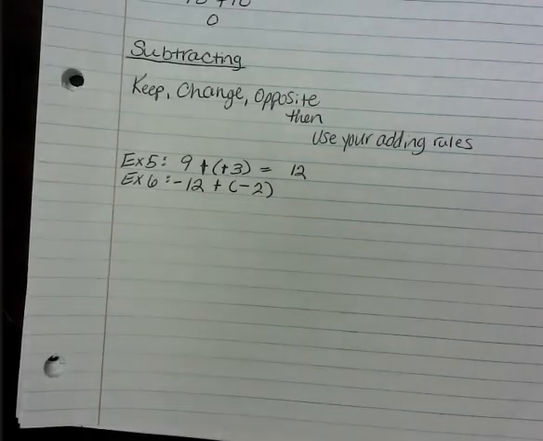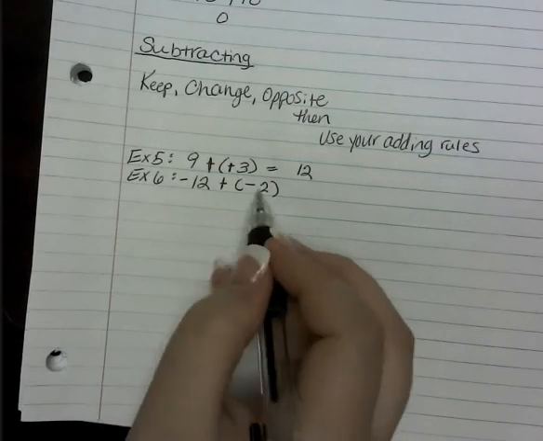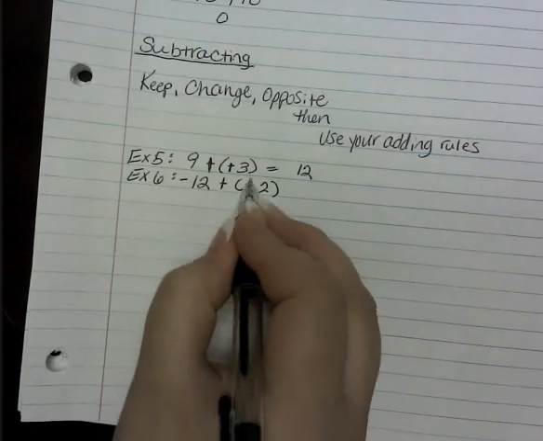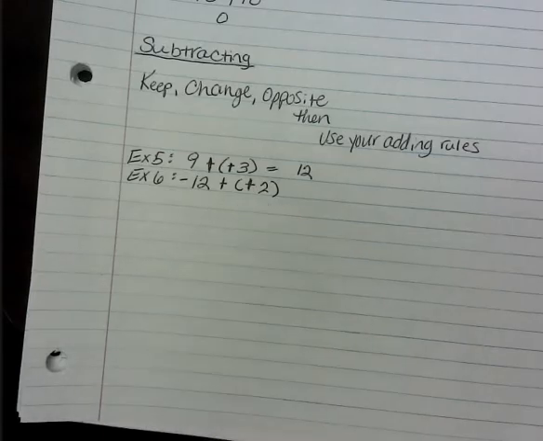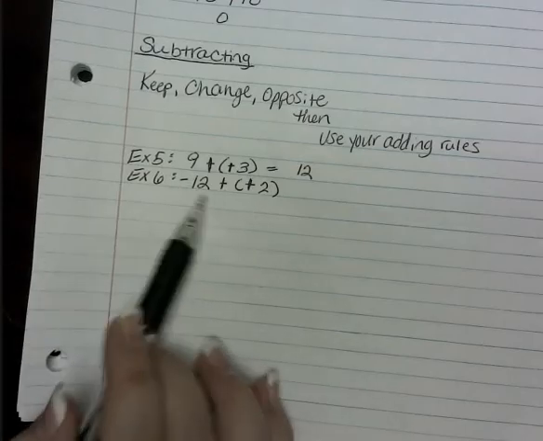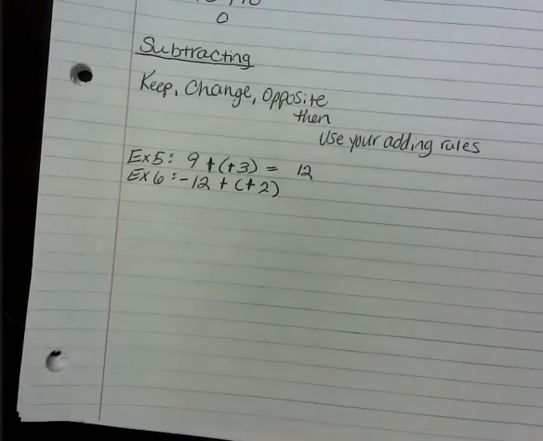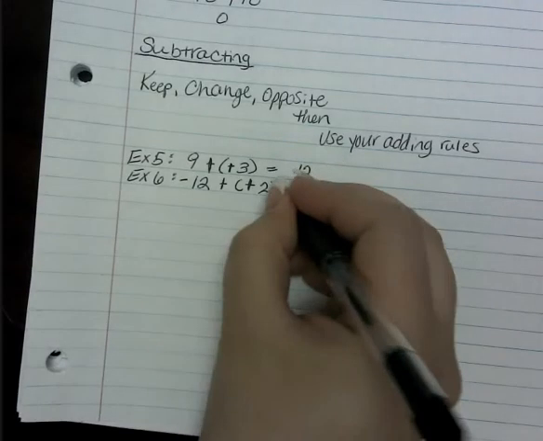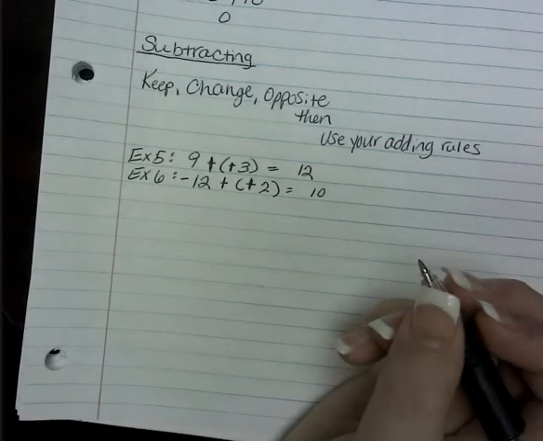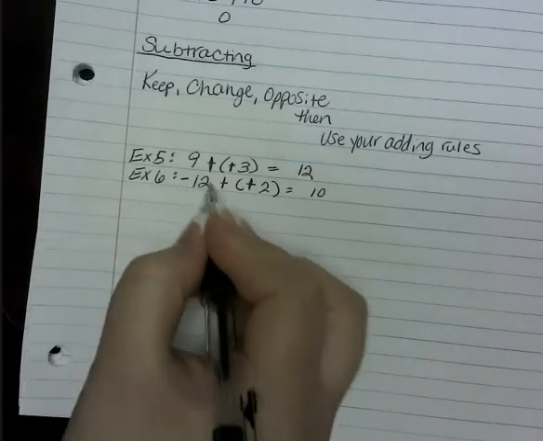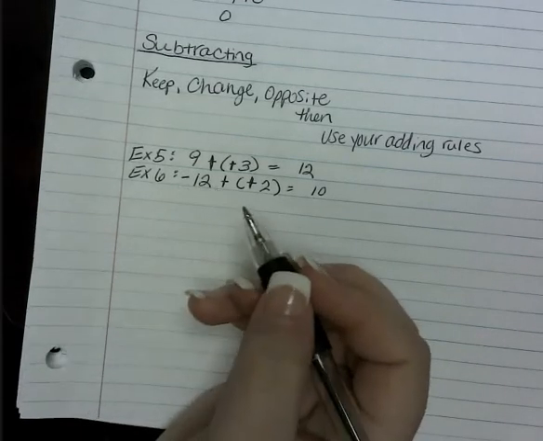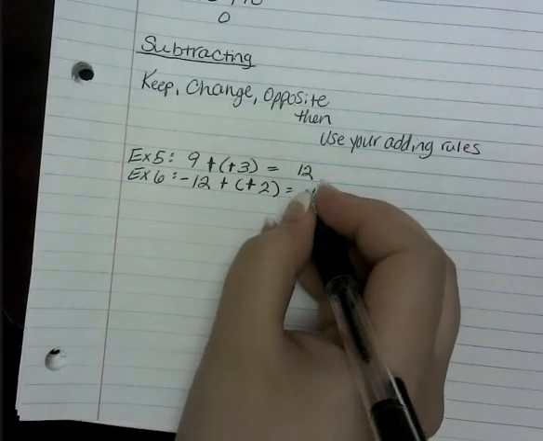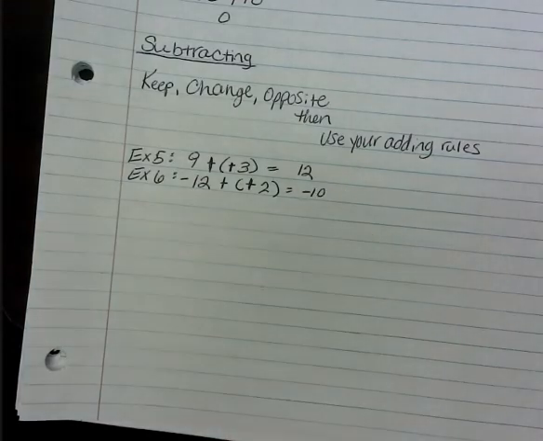And then you do the opposite of negative 2, which gives you a positive 2. So now I've got negative 12 plus 2. You're adding and your signs are different. So you subtract those numbers and you keep the sign of whatever number was larger. Since 12 was larger and it was negative, that means your answer is going to be negative.